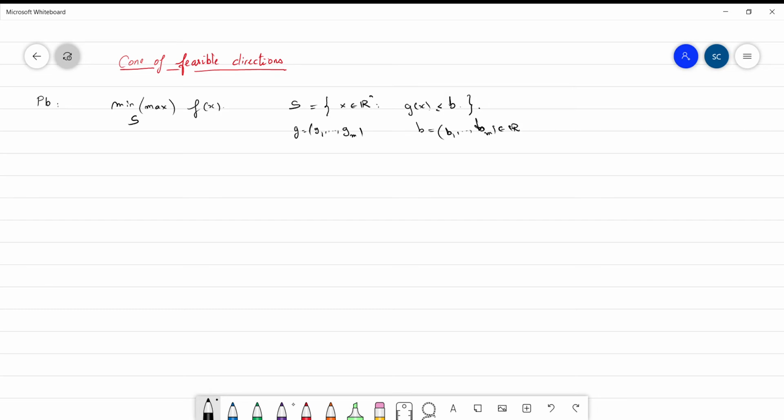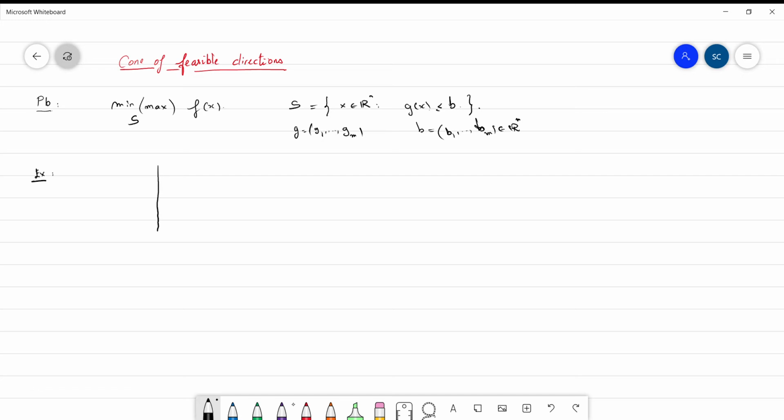Okay, so this time the purpose is the same: to find a necessary condition for a candidate point for optimality. So let's look at, suppose that we have a set described by an inequality, y greater than x, for example.